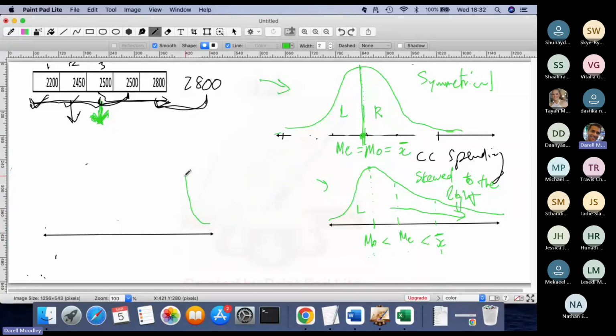So here, this is where your peak is, and it drags out to the left. In this case, your mode is your highest number. This is the largest number, the mode. Then it's your median, which is still in the middle. And then it's your average. Your average is actually your smallest number. And this is negatively skewed, or skewed to the left.